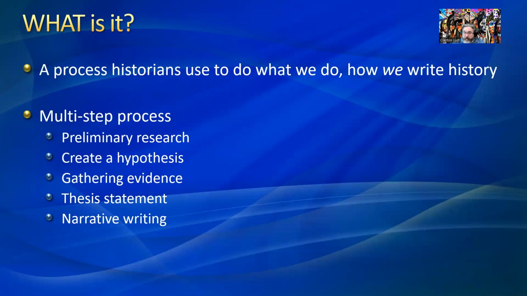So you'll do the preliminary research and come up with your proposal. You'll create a hypothesis: this is what I think happened. You're going to gather the evidence, continuing to find work in the primary sources and secondary sources. You're going to come up with a thesis statement, and you're going to write the narrative. You're just going to write what you found.